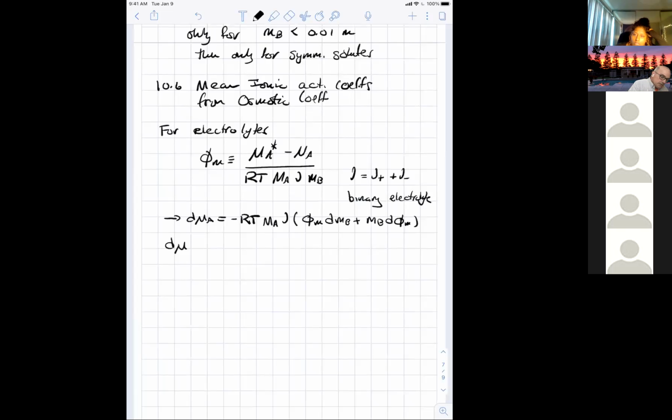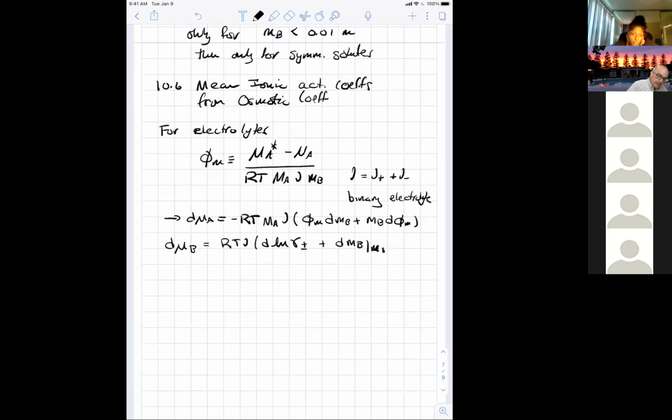Right, okay, so remember the trick here is we measure things in terms of the solvent, right? And we want to use a trick, Gibbs-Duhem, to get us the activity of the solute, right? There's that dependency. So what we do is we set up the two equations, and the big difference here is we have an electrolyte, so we have the mean ionic activity coefficient.